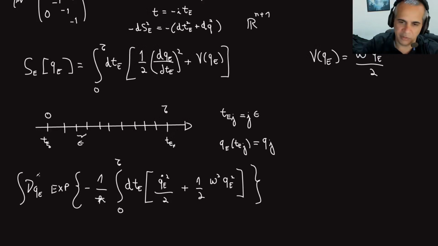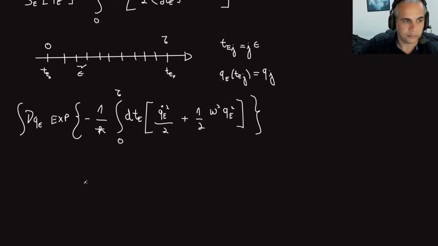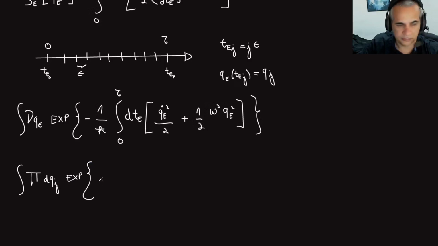And of course, if I want to do the path integral through this discretization, which was the definition of it, what appears is the product of many integrals in these q_j's, and the integral in the exponential becomes a sum over j.